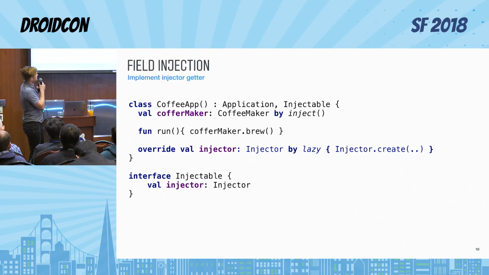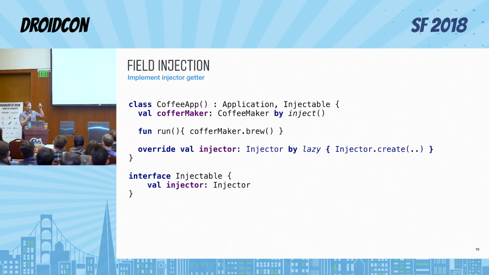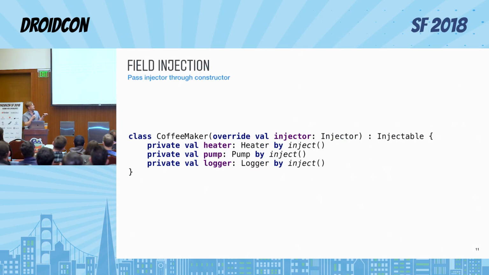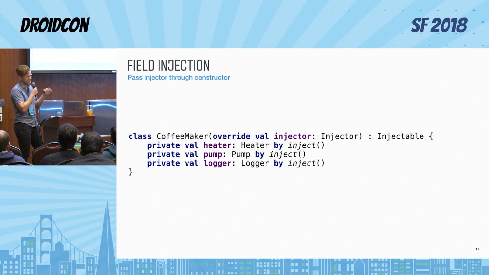And one important detail here is that any class that will use Injector will have to implement an interface called Injectable, which is simply a getter that returns an instance of the injector. So at the root of your application, you usually need to create that injector, and later on you can pass it automatically to different classes that you inject to.